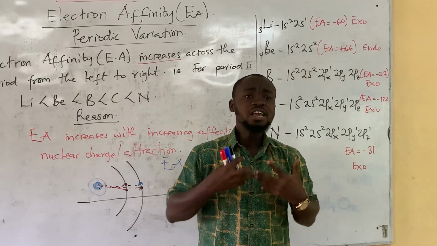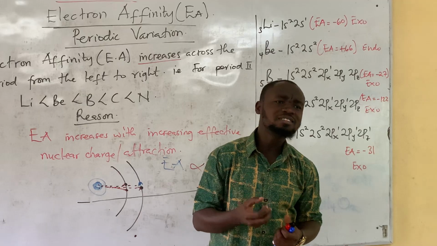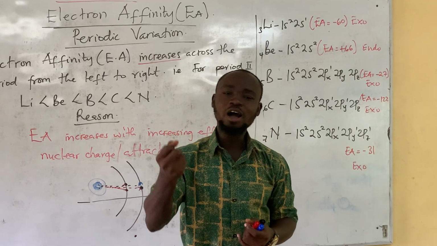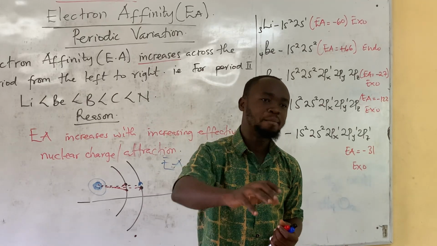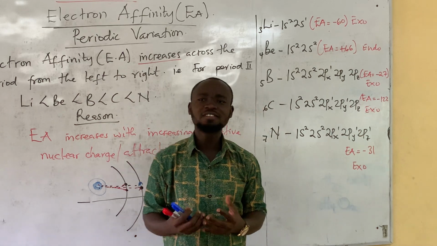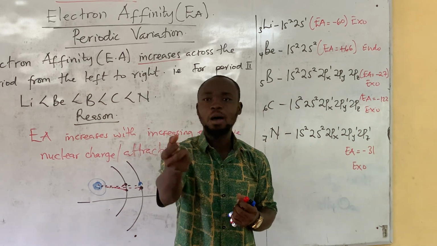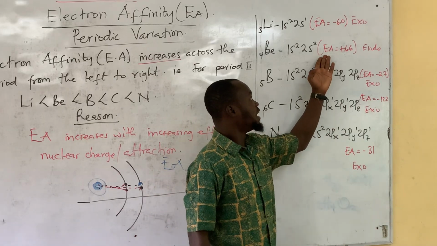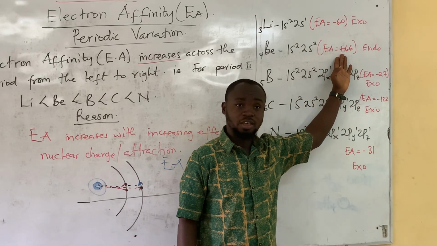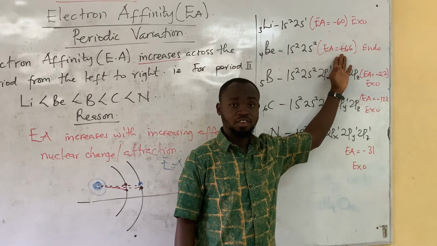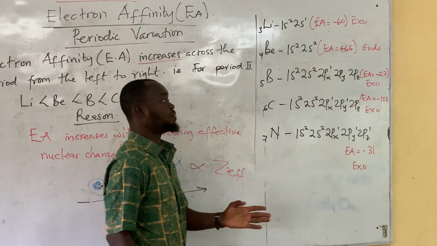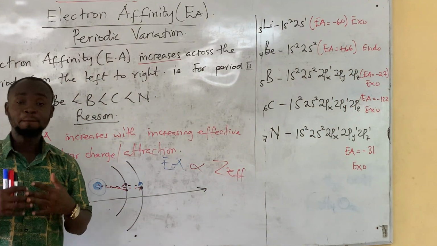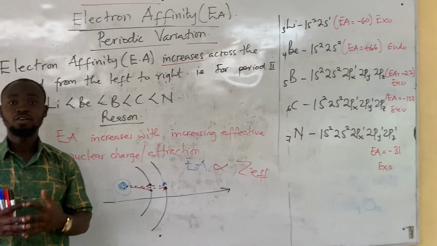And with an increase in electron repulsion, energy will be needed to accommodate that incoming electron. If energy is needed, it means energy will be absorbed. And the moment energy is absorbed, the EA becomes positive. Is that okay? That is the reason why we have negative EA values and positive EA values.